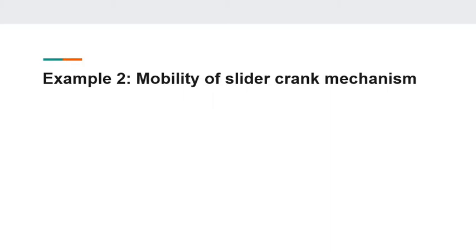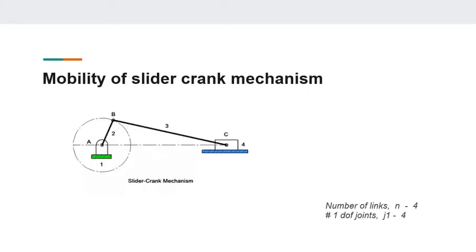Now let's consider a slider crank mechanism. The slider crank mechanism also has 4 links, and it has 3 revolute joints and 1 prismatic joint. All these joints are 1 degree of freedom joints.